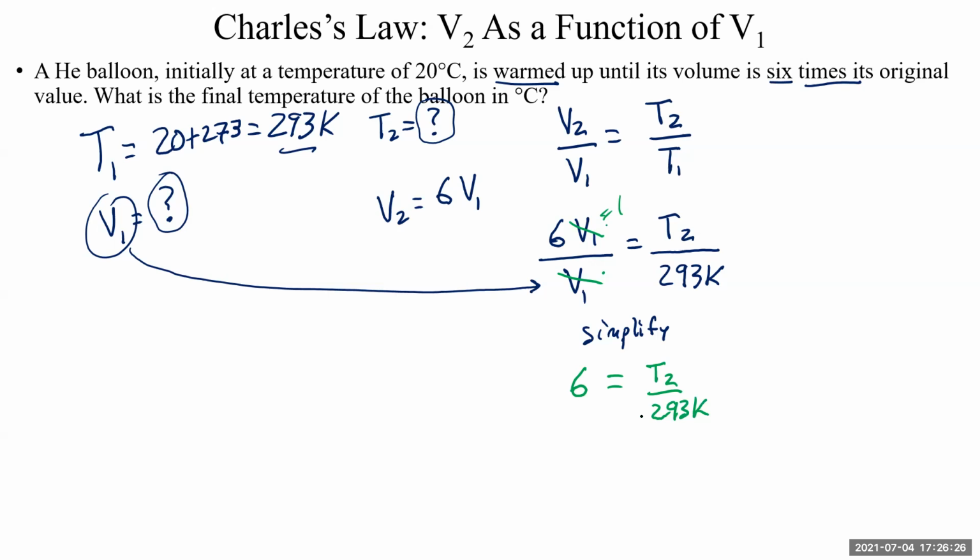So to get my T2 by itself, all I have to do is cross multiply. Remember, when you're moving across an equal sign, you always move diagonally. So T2 is going to equal 293 kelvins multiplied by the unitless 6.